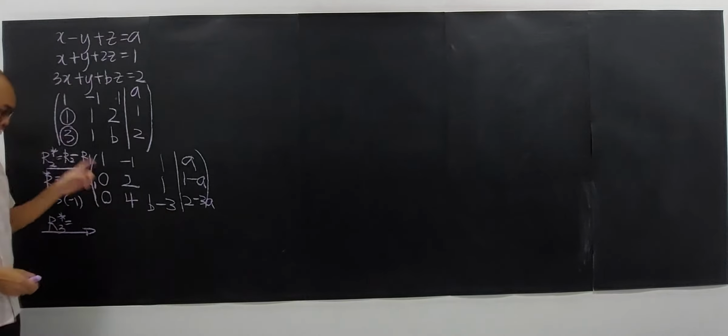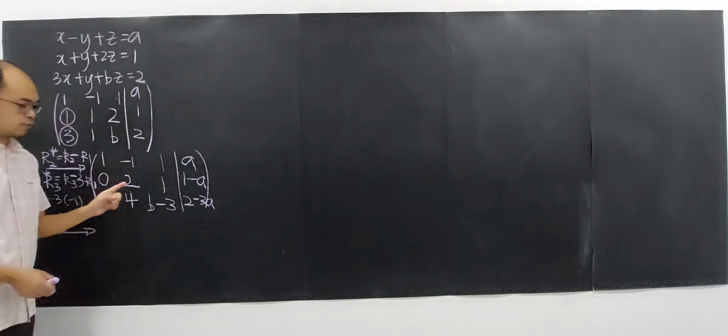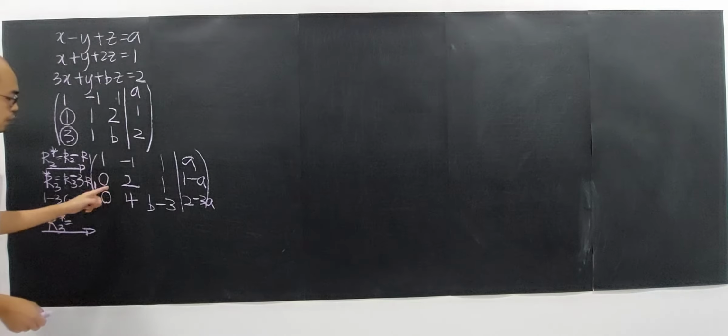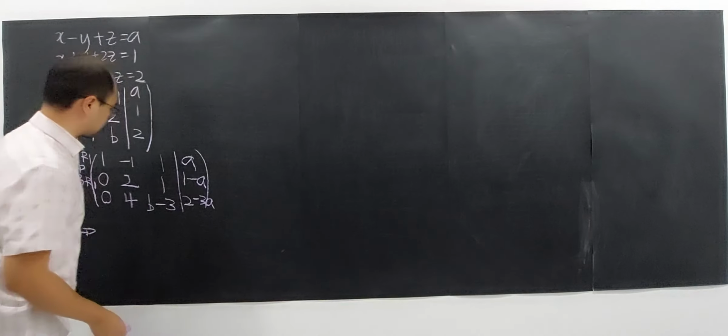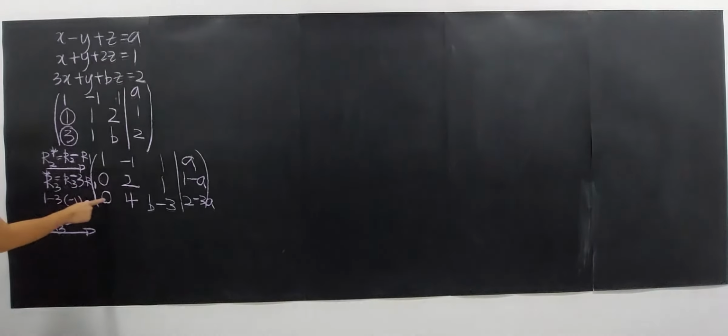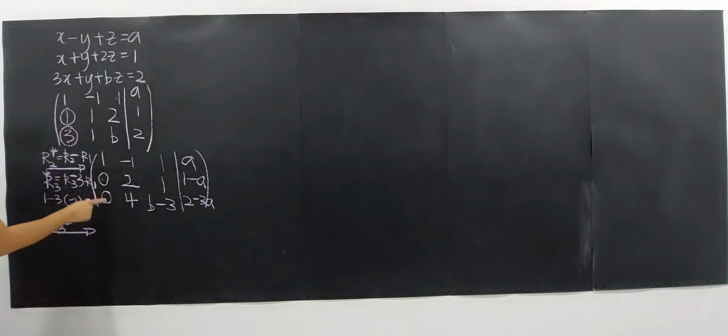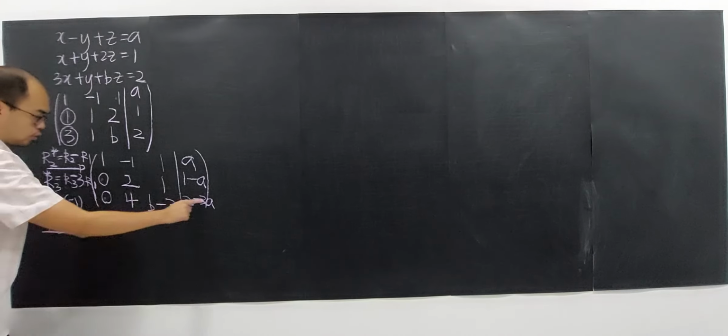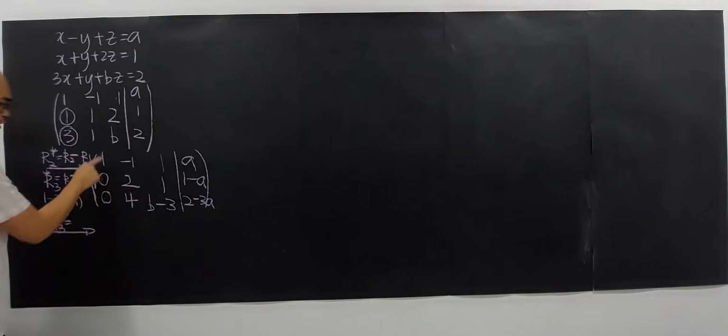For this question, I can use the second row, because the 0 and 0 won't disturb the first column. If you use the third row and the first row, it might change the entry here.